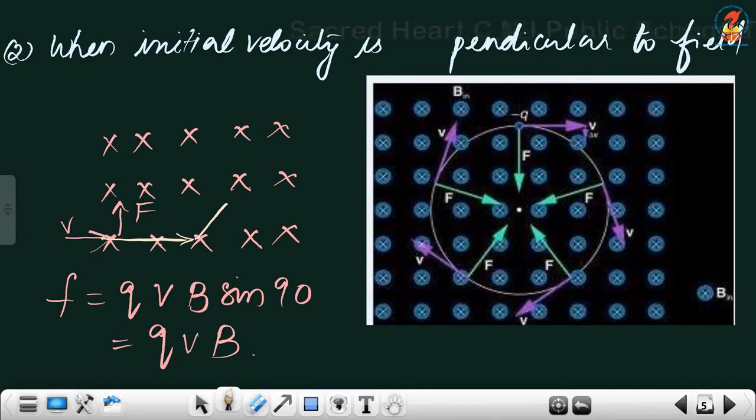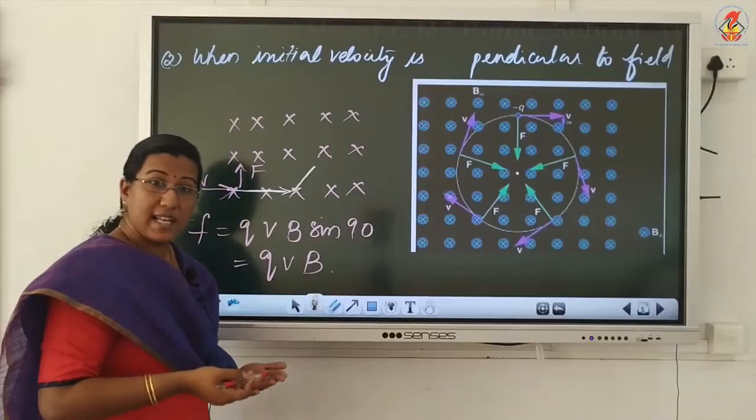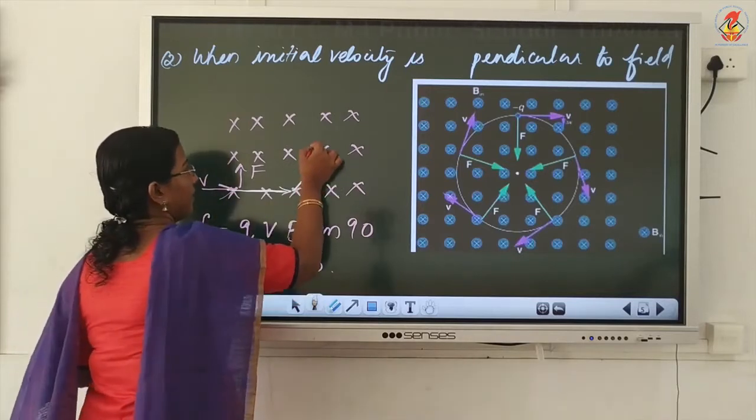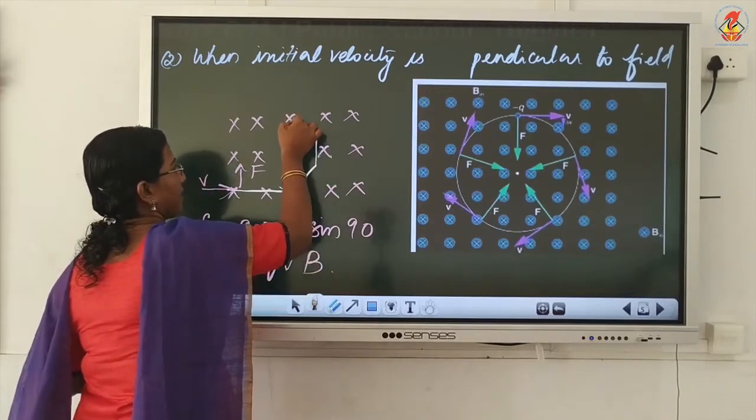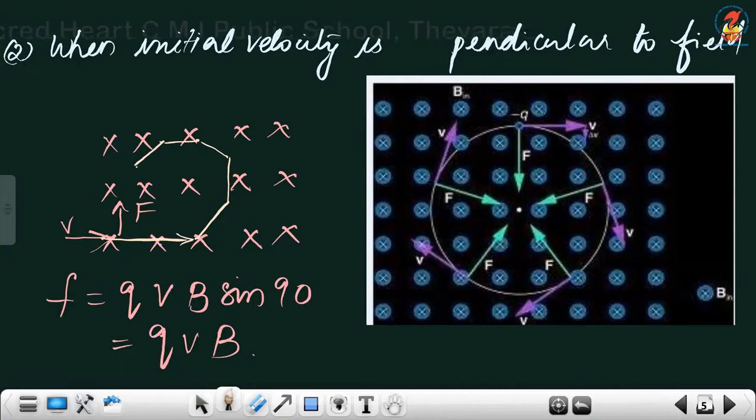When the particle reaches this point, what happens? Again, a force acts on it and it gets deflected. At this point, again it gets deflected, and again it will get deflected, and the direction of force will be like this in each case.